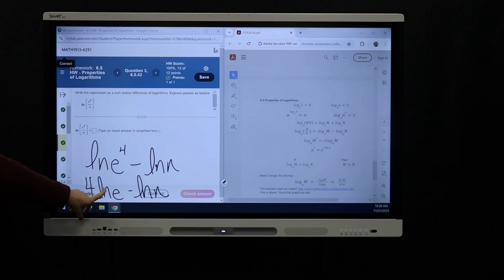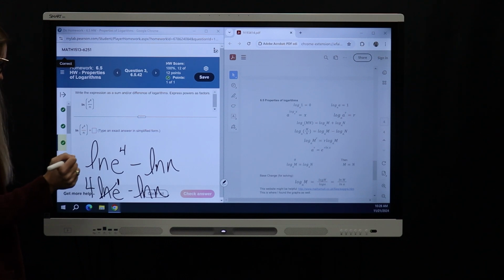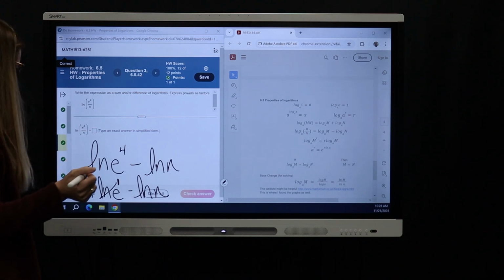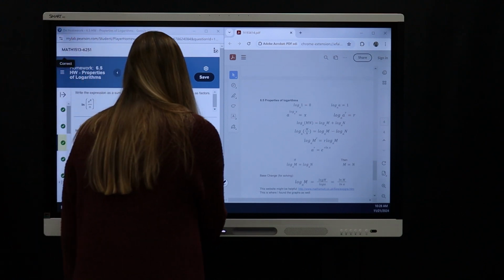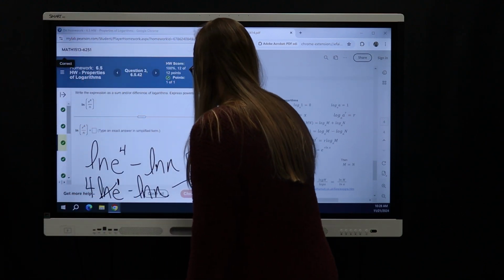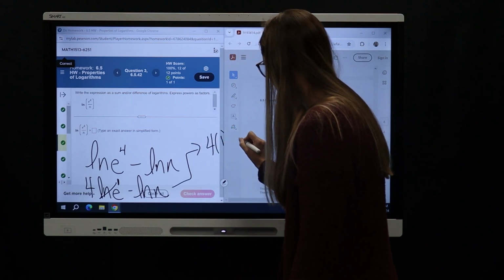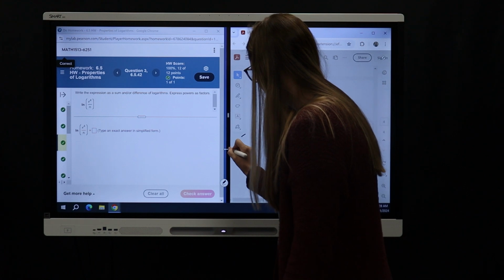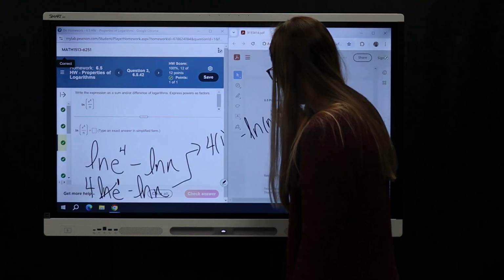So this right here is going to be 1. I'm going to change this right here to 1. And I wrote too big and I don't have room, so I'll go over here. And then I can erase it off. 4 times 1 subtract the natural log of n.